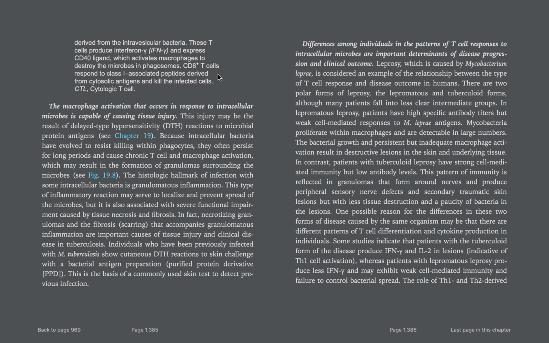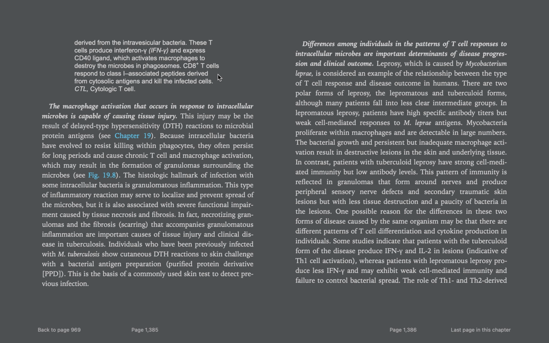Although many patients fall into a less clear intermediate group, in lepromatous leprosy, patients have high specific antibody titers but weak cell-mediated response to M. leprae antigens. Mycobacteria proliferate within macrophages and are detectable in large numbers. The bacterial growth and persistence but inadequate macrophage activation result in destructive lesions in the skin and underlying tissue.